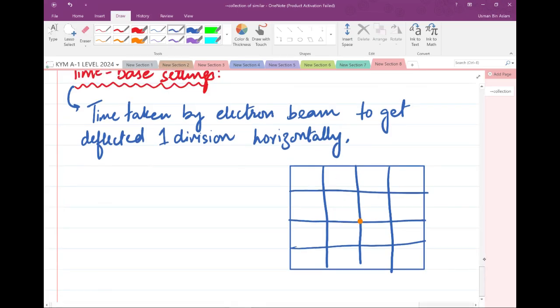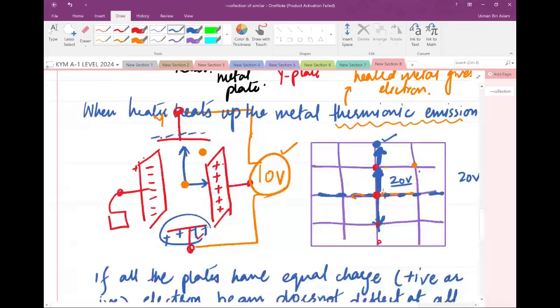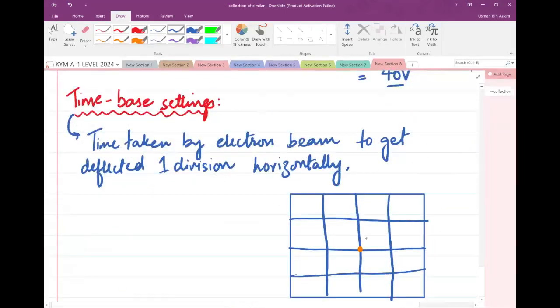When I switch on the X plates in this diagram, the ones that are shown as vertical over here, the electron beam will start to deflect towards the right or towards the left, depending on which plate is positive. So the electron beam is going to get deflected towards the right.